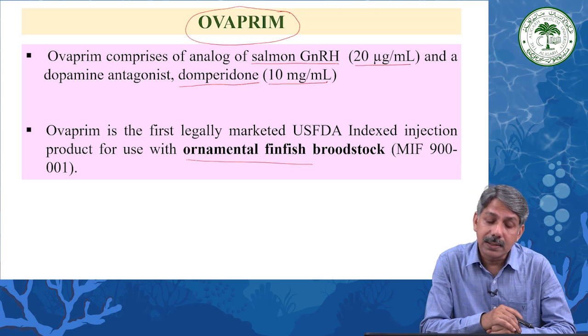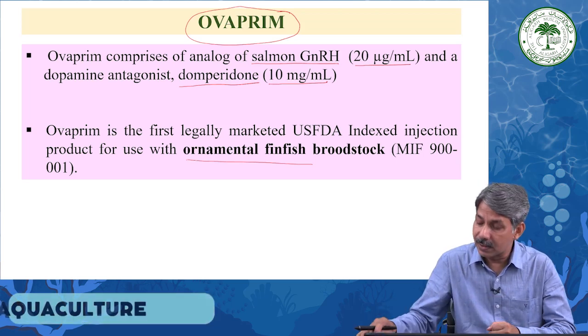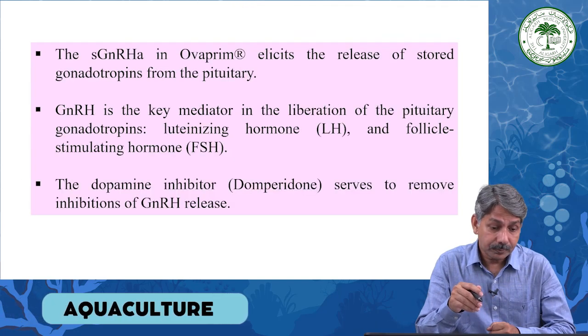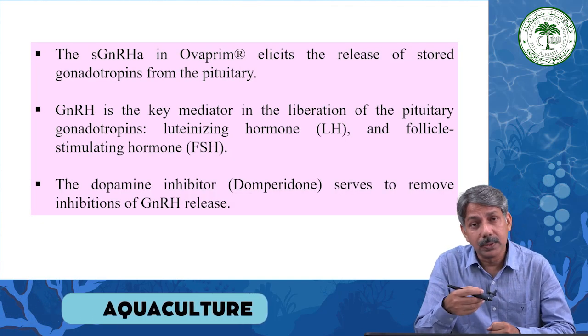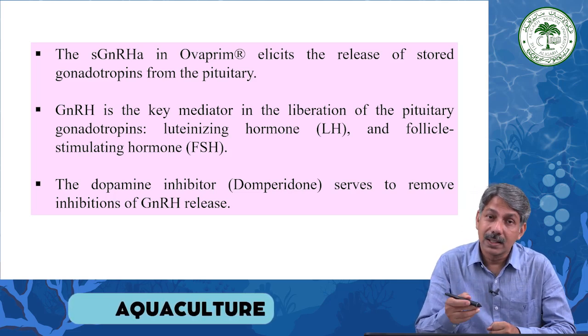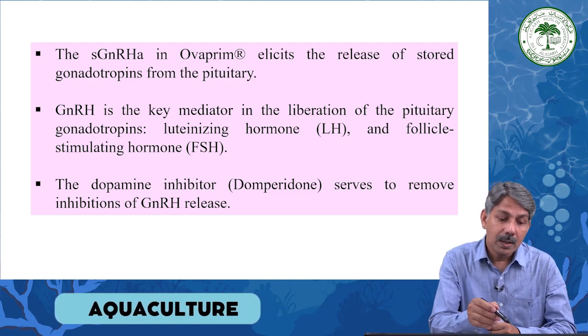And Ovaprim has given excellent results for a range of species as far as induced breeding is concerned. If you assess all the parameters of reproductive performance while using Ovaprim, it gives one of the best results.